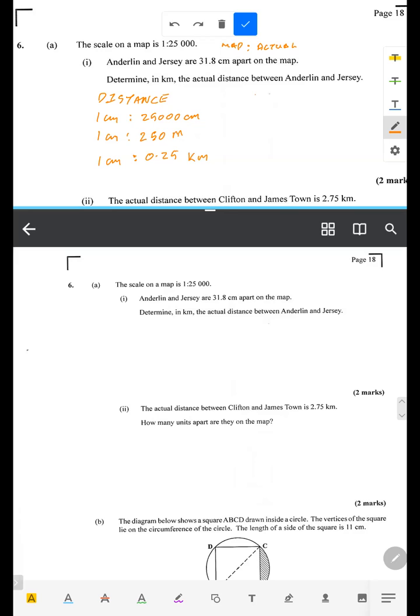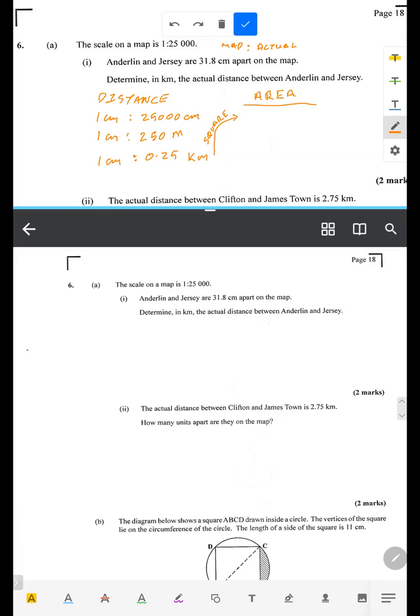If you're doing area, if you want an area scale, all you need to do to get the area scale is square this ratio. Just square it, because area is a square dimension.